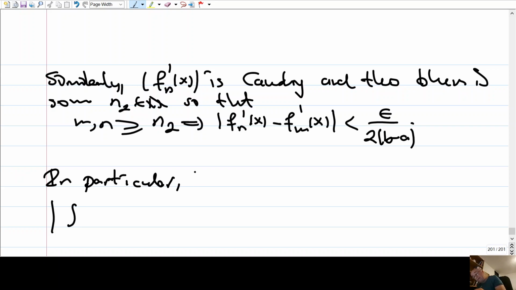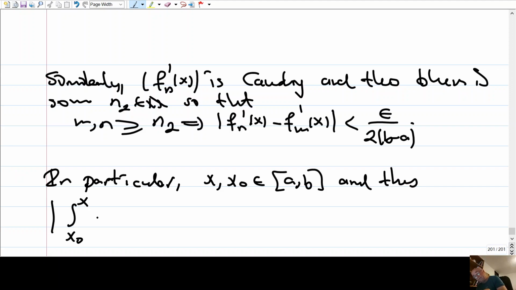both x and x0 are in this interval, and thus this integral of f_n prime(t) minus f_m prime(t) dt is what?